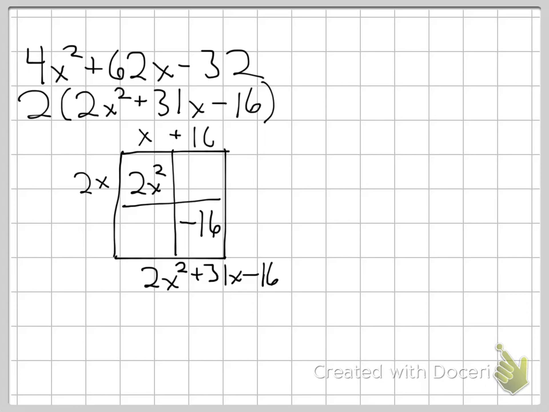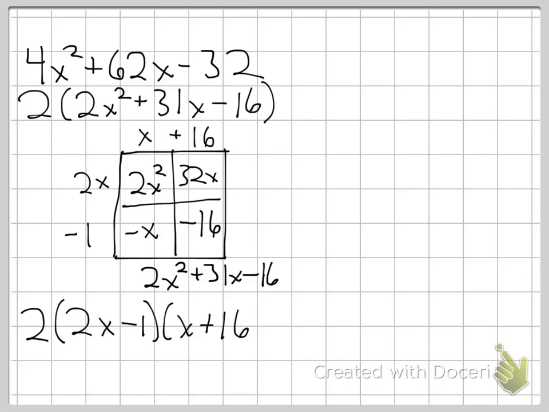So we want to go 16 and 1? All right. So I got 32x, negative x, it combines. So now it came out to be 2. Don't forget to bring down the 2. 2x minus 1, x plus 16.